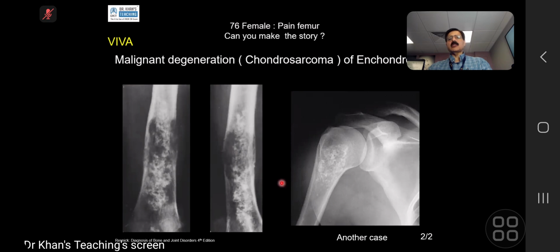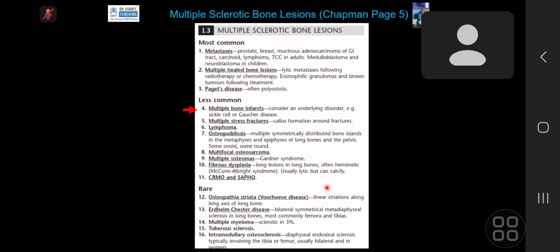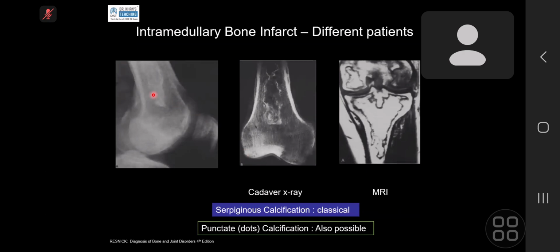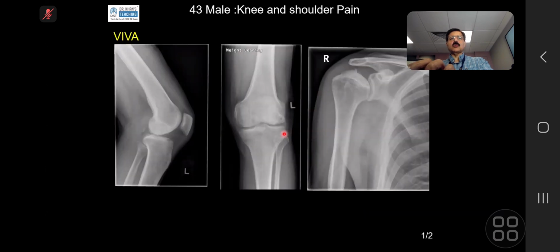Key point to remember is that this is an enchondroma because of the pattern of calcification, which is ring and arc, which is like this. On the other hand, classical serpiginous calcification can be in bone infarcts, which can also malignantly degenerate.